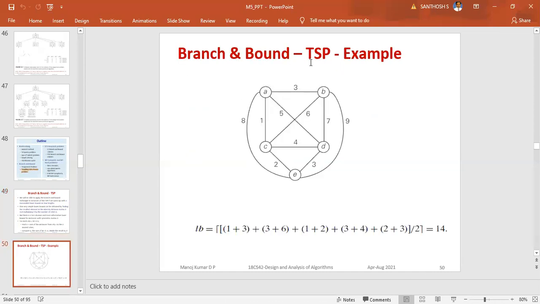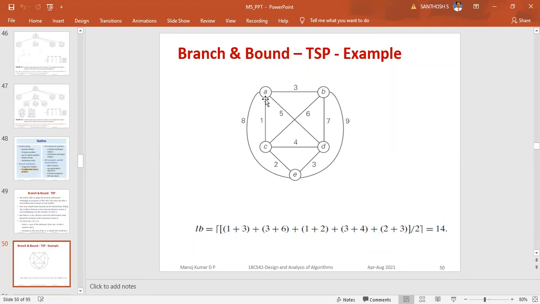So this is a branch and bound traveling salesman problem example. You are starting with the source A, and the last node is E: second node B, third node C, fourth D, and finally E. Now you have to find the path from each and every vertex.